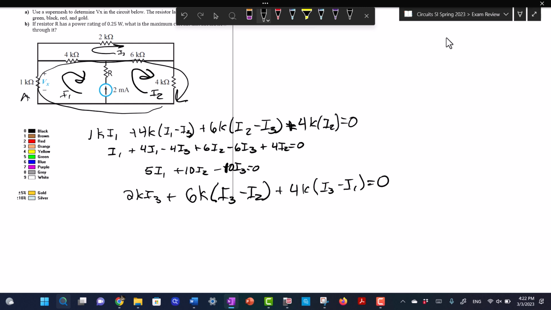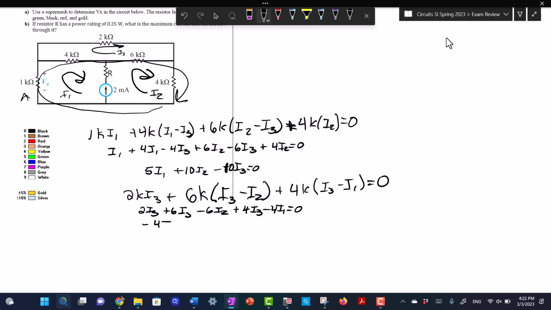Again, I can divide through by 1,000 and all those K's go away. So I have 2I3 plus 6I3 minus 6I2 plus 4I3 minus 4I1 equals 0.